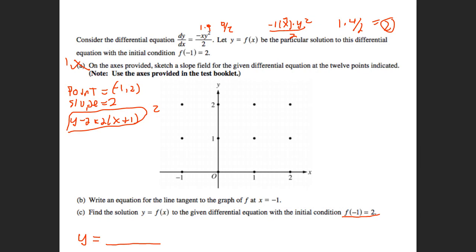So in this problem, we have dy, and I'm going to try to write small because this is going to take up a lot of room, is equal to negative x y squared over 2. So I might bring the 2 over here and the y squared. So I might rewrite this as 2 dy y squared is equal to -1 x dx.